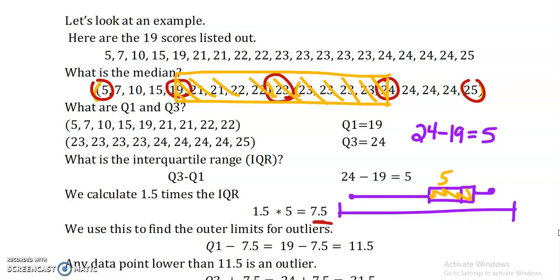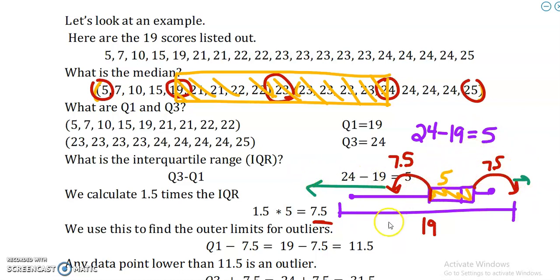So if I go this way, so this is 19 right here, 7.5, anything past that, anything below is going to be considered an outlier. And then I'm telling you the same thing. If I start here and I go 7.5 this way, anything above that is going to be considered an outlier.